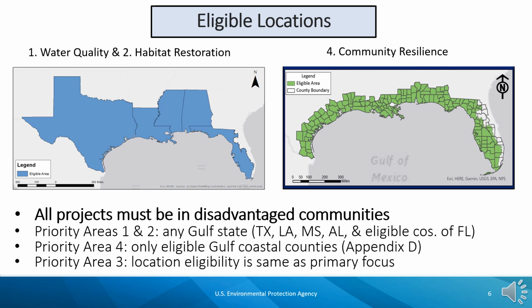If the primary focus is number 4, strengthening community resilience, projects must be located in the eligible Gulf coastal counties. See Appendix D for the list of eligible coastal counties and Florida counties.